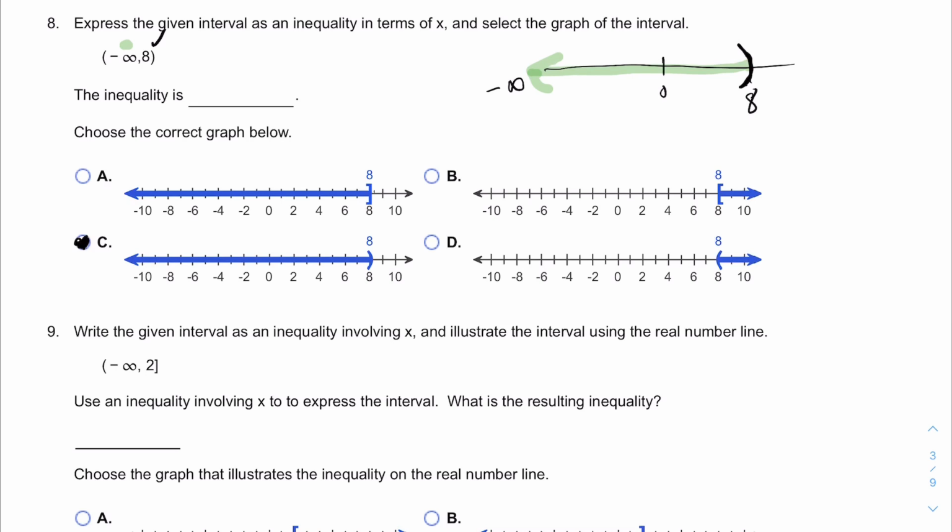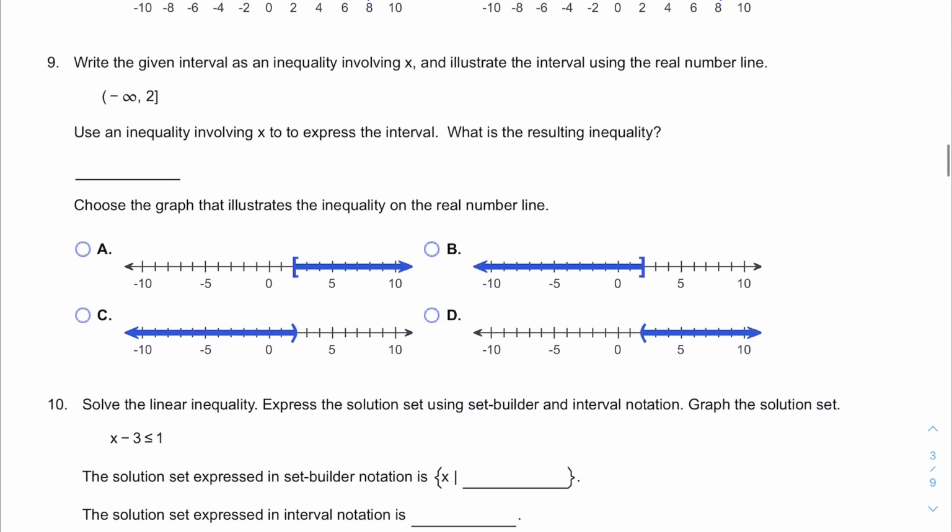This is not an interval, so the way I would say it is: shade the x values that are less than 8. Shade the x values that are to the left of 8. And it's open, so no equal sign under it.